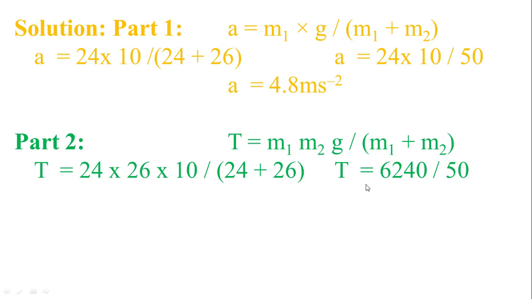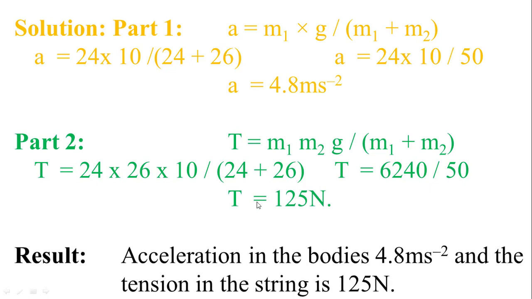So T is equal to 6240 upon 50. Then tension T is equal to 125 Newton. Result: the acceleration in the bodies is 4.8 meter per second square, and tension in the string is 125 Newton.